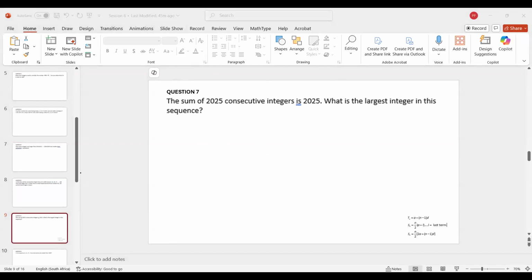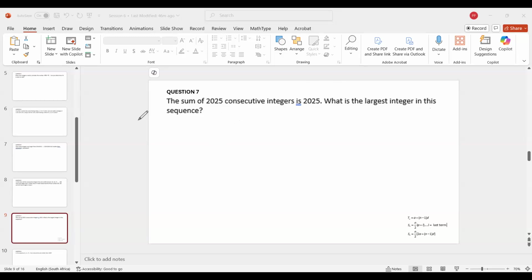Okay, now here you've got the sum of 2025 consecutive integers. Now we're talking about sums. So you're adding consecutive numbers, right? And the question is, what is the largest integer in the sequence?